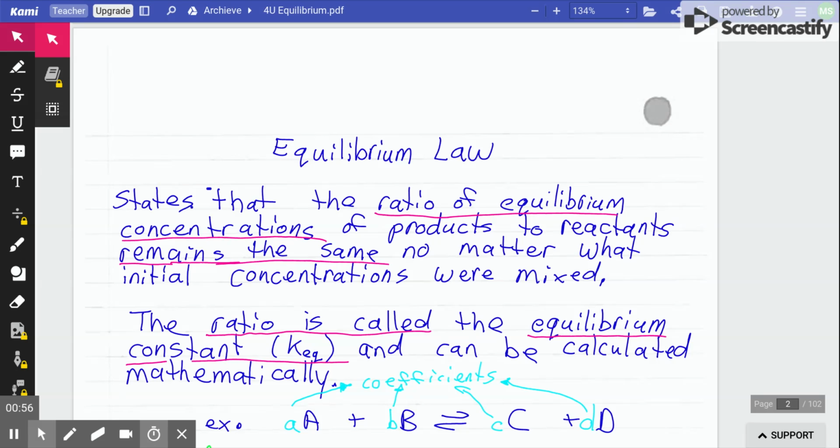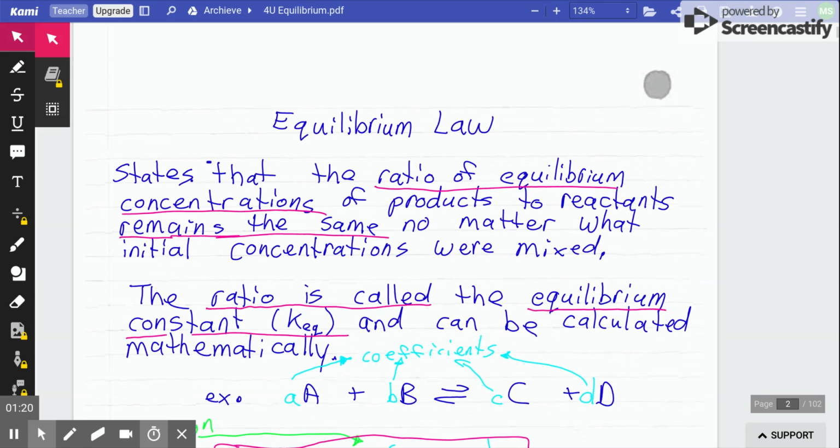So the ratio of concentrations of reactants to products is called the equilibrium constant, and it has this symbol, K with a subscript EQ, so K equilibrium. And we can calculate the K equilibrium mathematically.